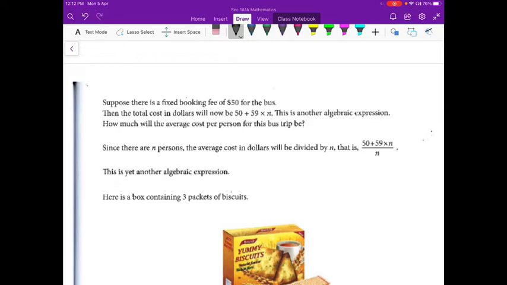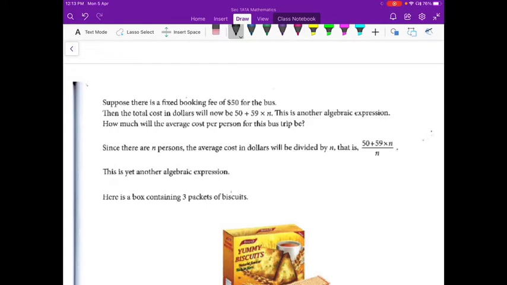But there is a fixed cost. The fixed cost is regardless. It doesn't matter how many people are going to take the bus. The driver has to collect an extra $50. Kind of like a tip. The moment he drives, he has to earn that $50 minimum. Kind of like GST, it's just an extra amount, but it's fixed.